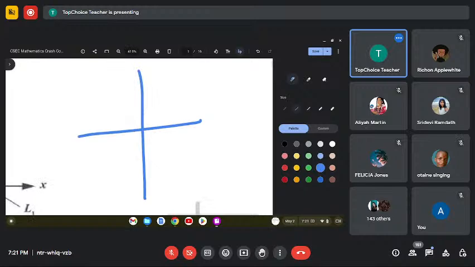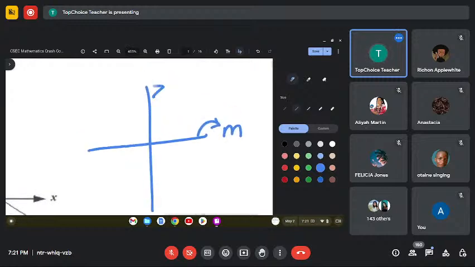I want to give you a rule of thumb. For perpendicular lines, if this line here has a gradient of m, a line that is perpendicular to that has a gradient that will be considered something called the negative reciprocal of the gradient m.